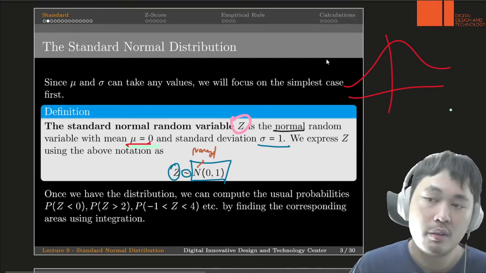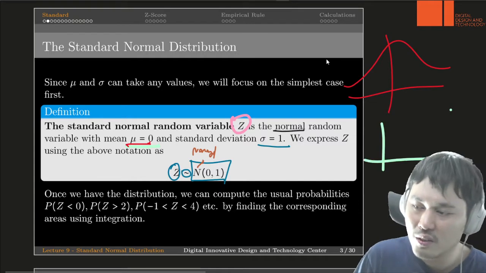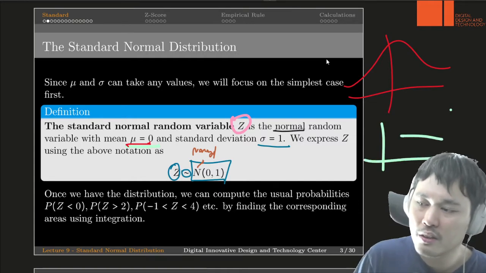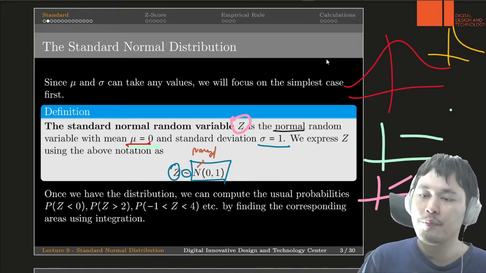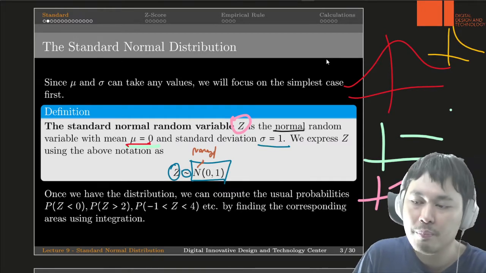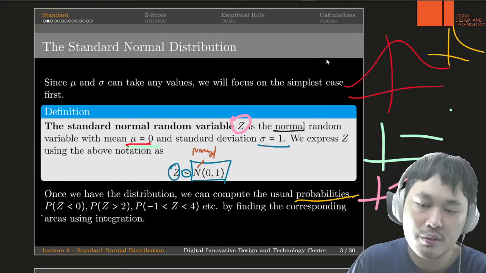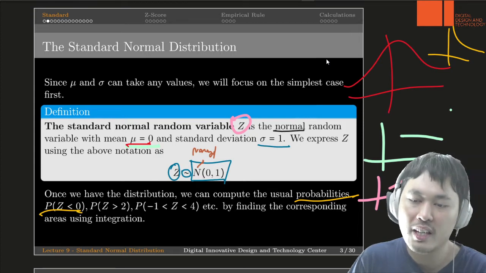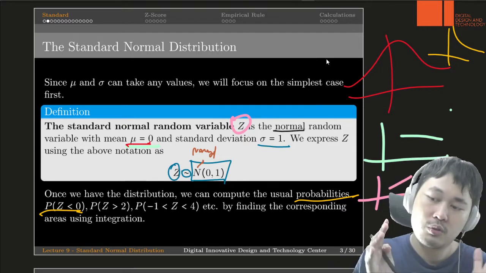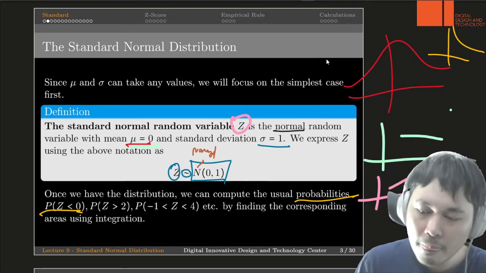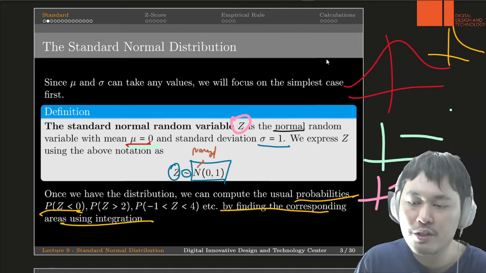Just like the other continuous distributions, the constant one, or the triangle one, or the exponential one, once we have that curve, we can ask questions about the probabilities under the curve: the probability that the value is less than some value, greater than some value, or between two different values. The way we could find that is by using integration.